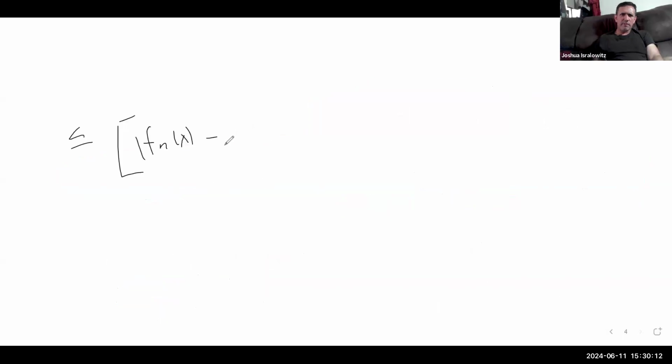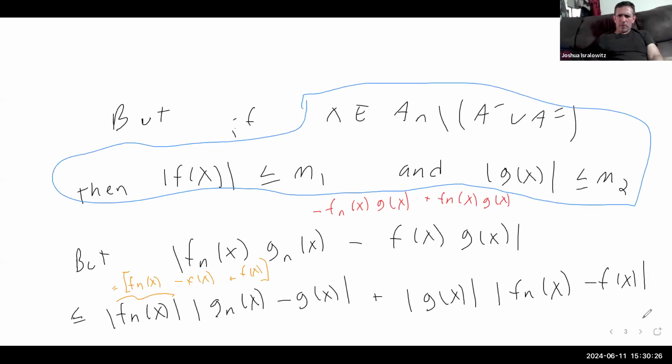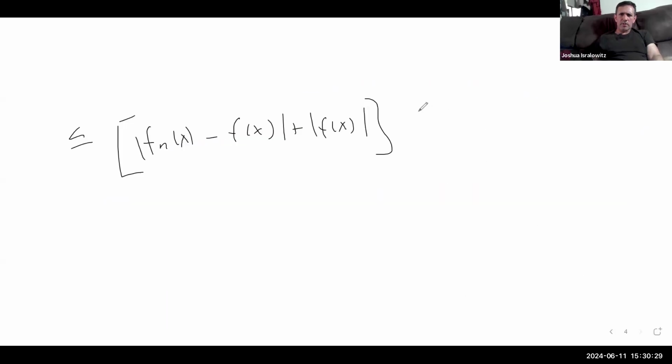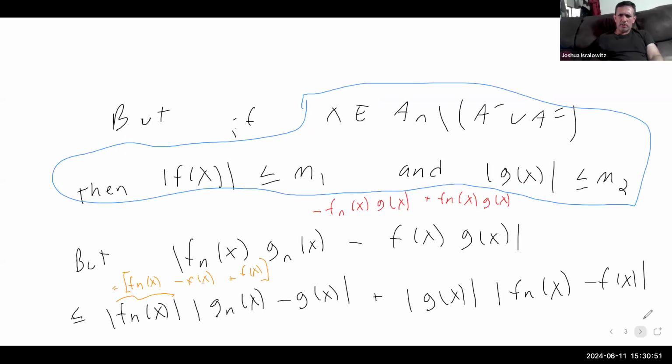Fn minus f, Gn minus G. And I'll throw away the g of x in place of M2 in a minute. Fn minus f.